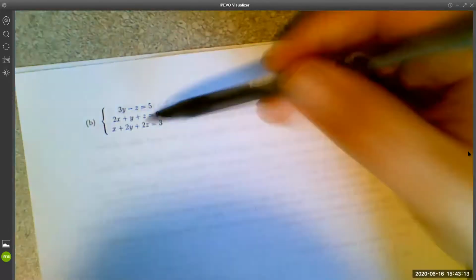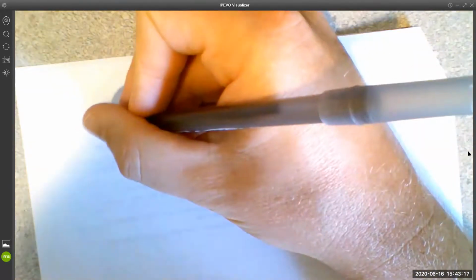Let's look at another one. Oh, well, this one's kind of nice. The top one already has x eliminated. So all I need to do really is eliminate x from this other set of equations, which I can do quite easily by multiplying the bottom by negative 2.